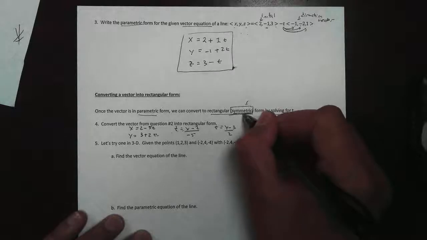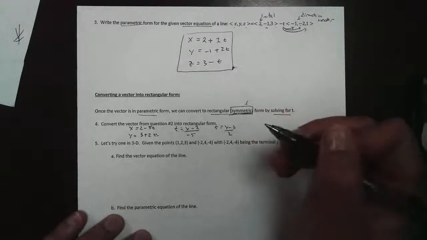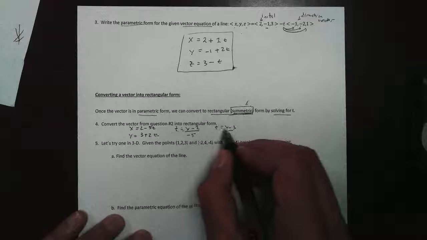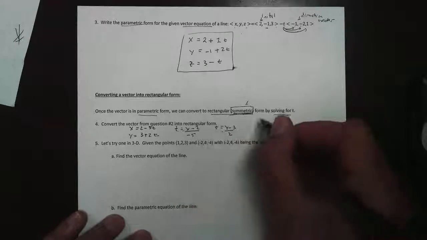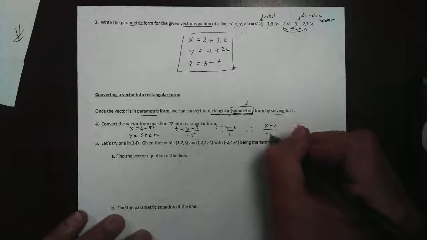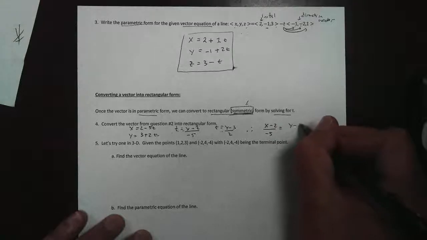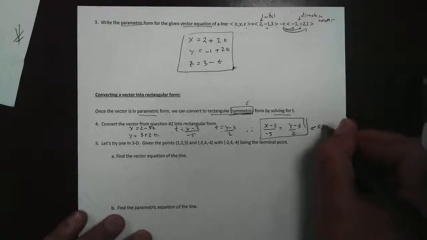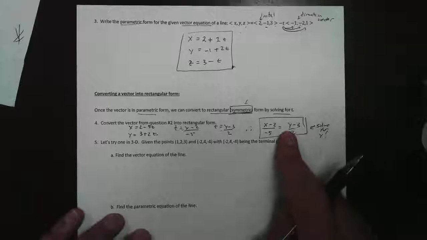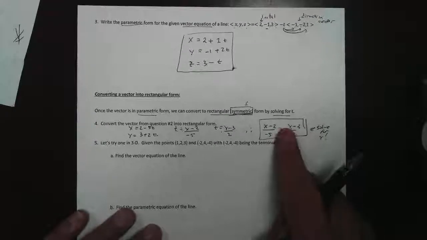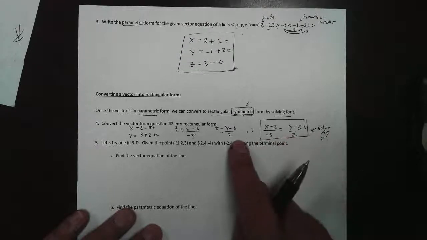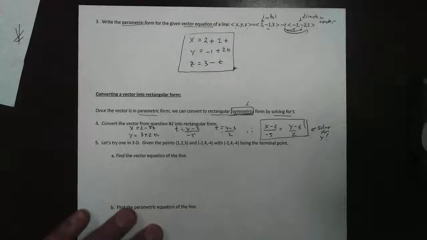Well, by the transitive property from geometry, we know that these two have to be equal to each other. Therefore, I can say x minus 2 over negative 5 equals y minus 3 over 2. And I can leave it like this. I mean, you could solve for y, which would be easy in 2 dimensions, like we have here, but in 3 dimensions, it's not so much.